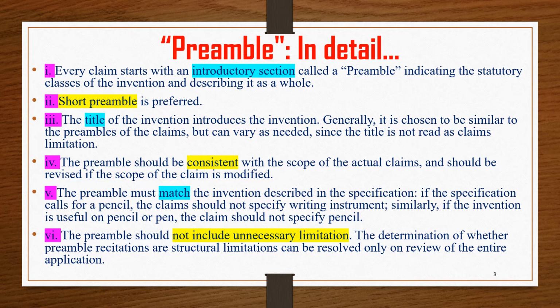That means the revision occurs only when the scope of the claim is modified. Fine. Then point number 5. The preamble must match the invention described in the specification. That is, if the specification calls for a pencil, the claim should not specify writing instrument.